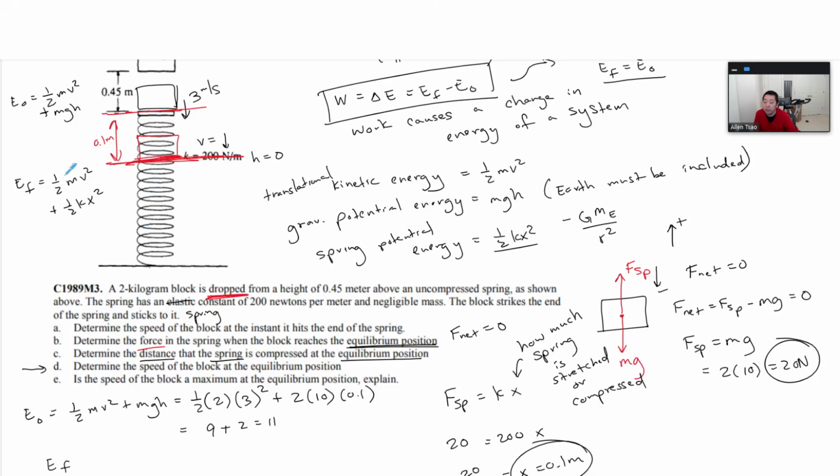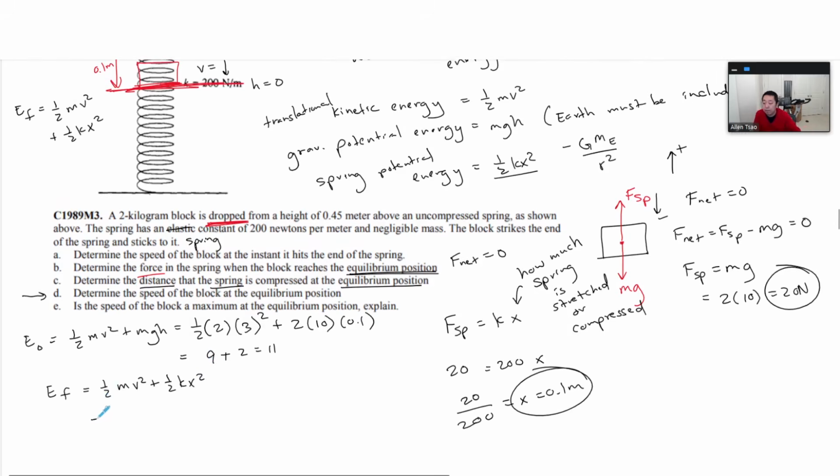Now what's the final energy? Well, it has some kinetic energy, 1/2 mv squared, plus 1/2 kx squared. The m is 2. The velocity is unknown. I'm trying to figure that out. For the 1/2 kx squared, the k is 200. They gave that to us in the problem right there. And then the x is how much the spring has been stretched or compressed, which we just found, which is 0.1.